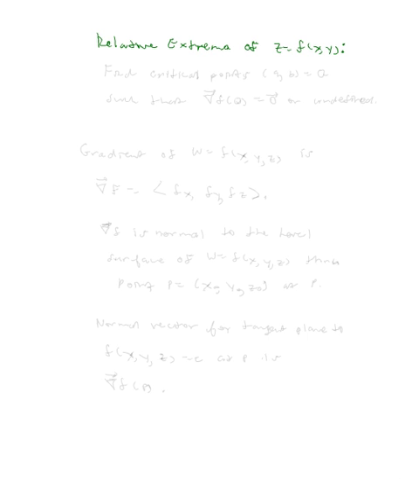So the partial derivative of f with respect to x at (a, b) would be 0. And similarly, if we fix x at a and allow y to change, if we have a relative extreme value at (a, b), then the derivative of f with respect to y at (a, b) would have to be 0.